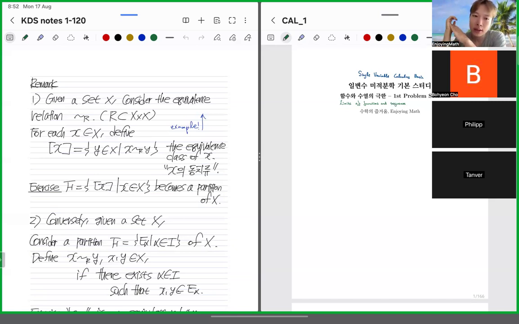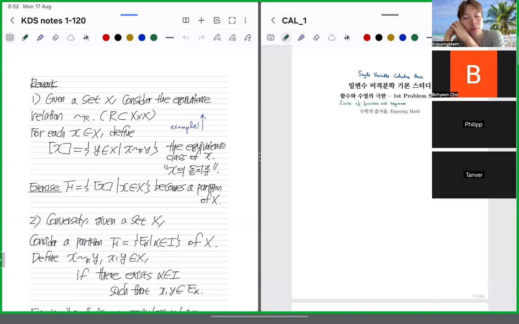So it might be non-empty even in the general relation setting. Can you come up with an example where, if we use the general relation, we can have just an empty set for this definition?